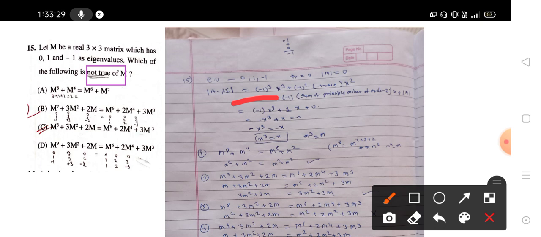Here the eigenvalues are 0, 1, minus 1, so the trace, which is the sum of eigenvalues, is 0. The determinant, the product of all eigenvalues, is also 0.